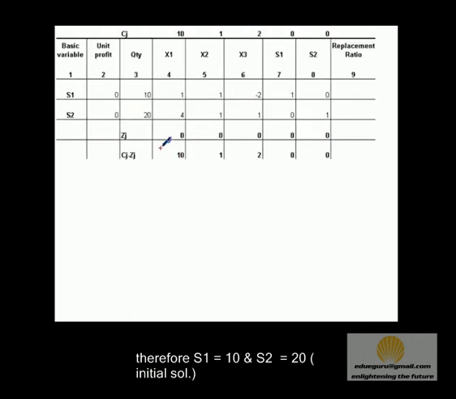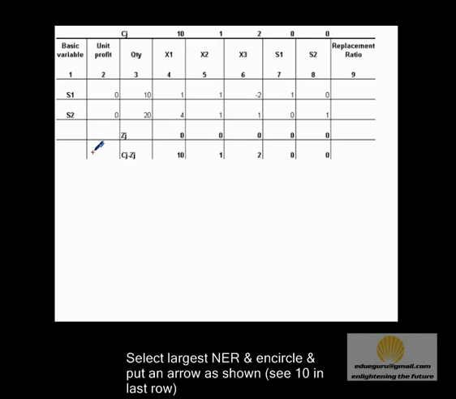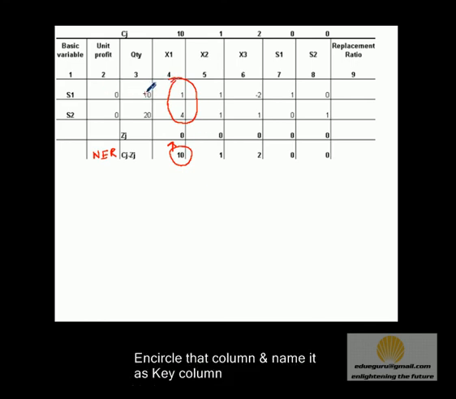Now our next step: this is called the net evaluation row, or NER. Find the highest value, put an arrow to it and select this column; this is called the key column, and each number in it is a key column number.